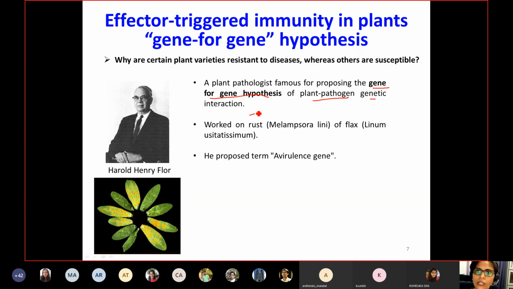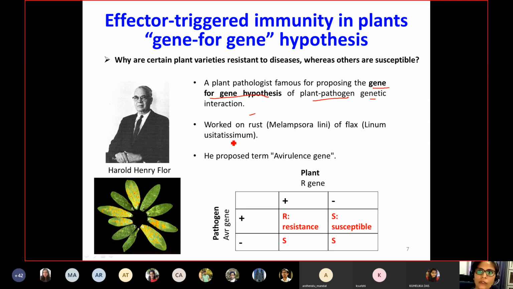So according to him, what he figured out is that the pathogen has a certain kind of gene. He named it the avirulence gene. AVR is for avirulence gene, and the plants which are resistant specifically towards this AVR gene carry some kind of resistance gene, shown as R. So this is the R gene.